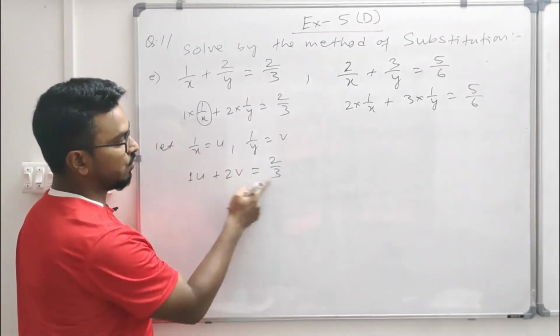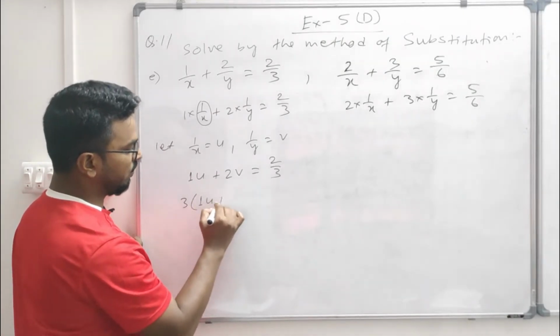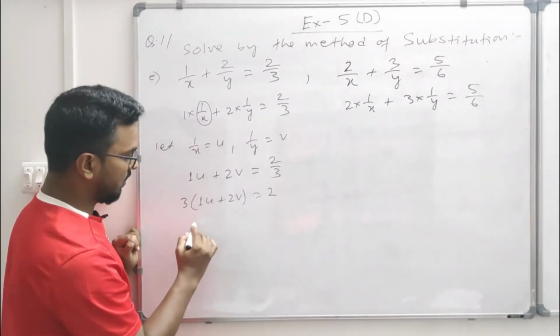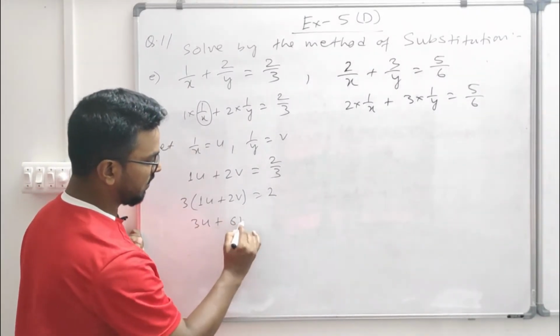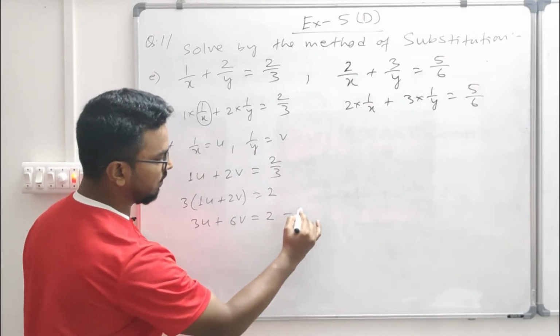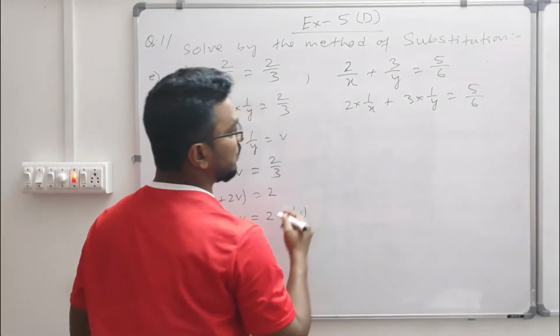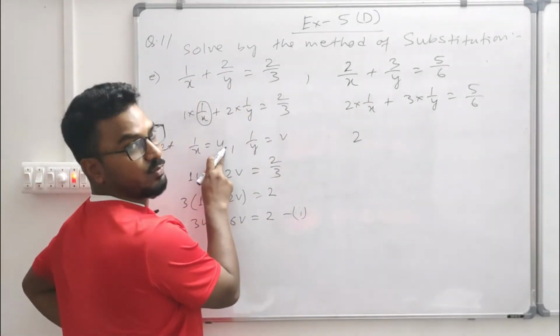Fine. Now if you cross multiply, you have to multiply 1u plus 2v equals 2, so you will get 3u plus 6v equals 2. This will become equation number 1. And similarly in this case also we will take 2, the value of 1 by x we have assumed as u.